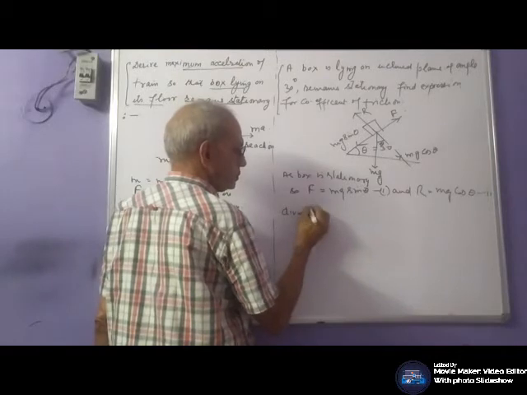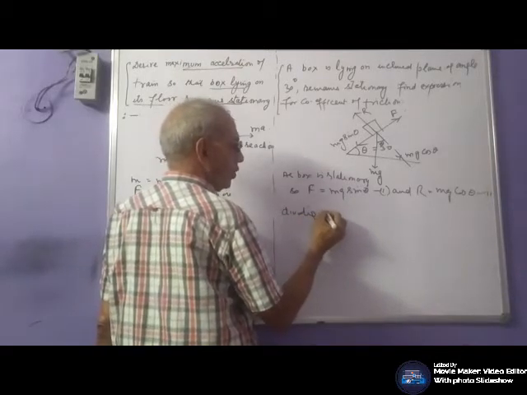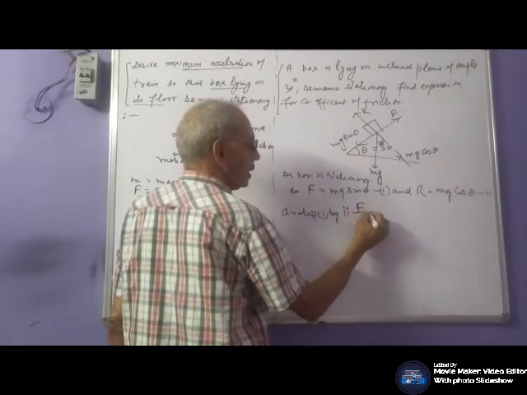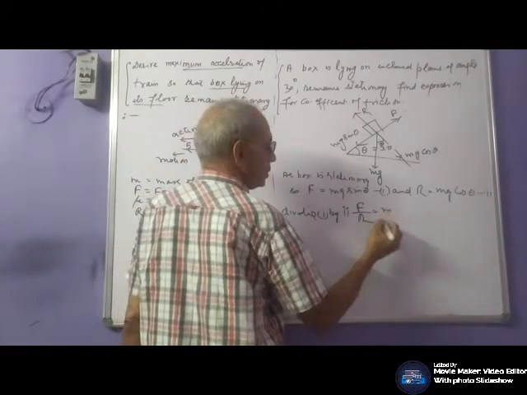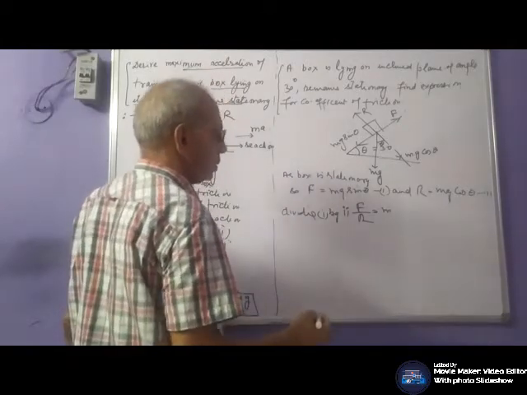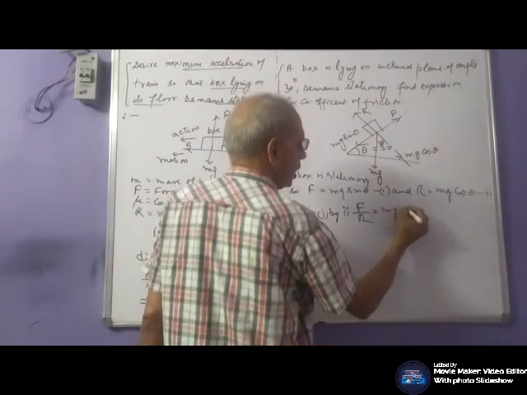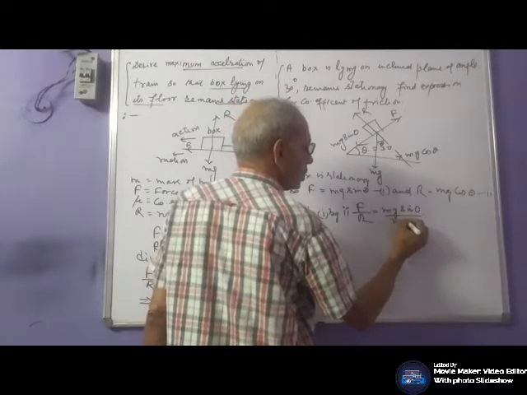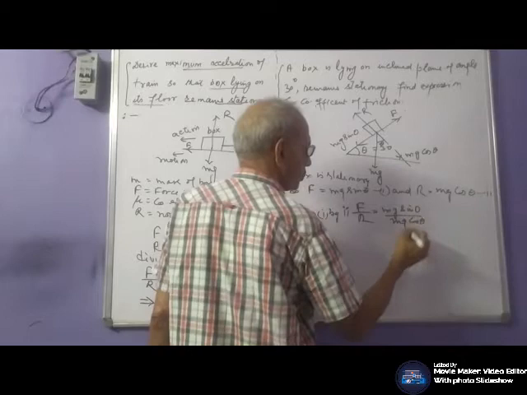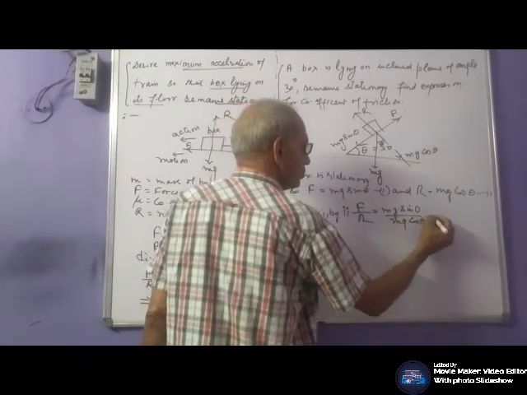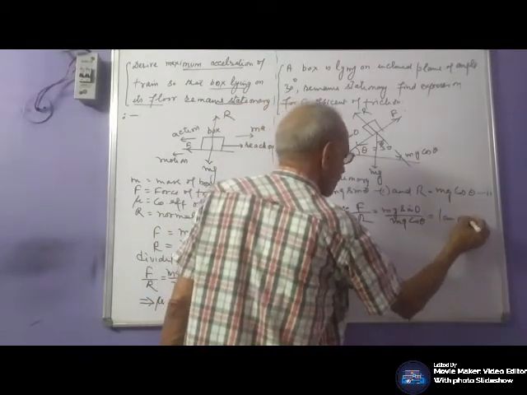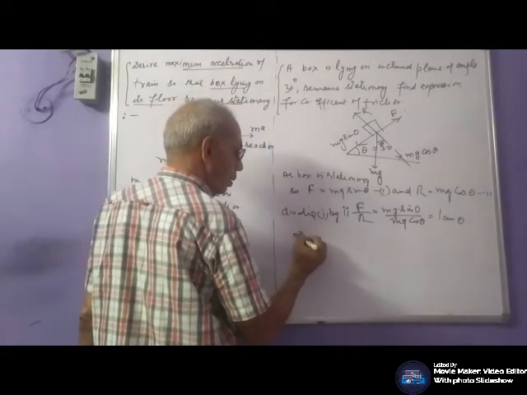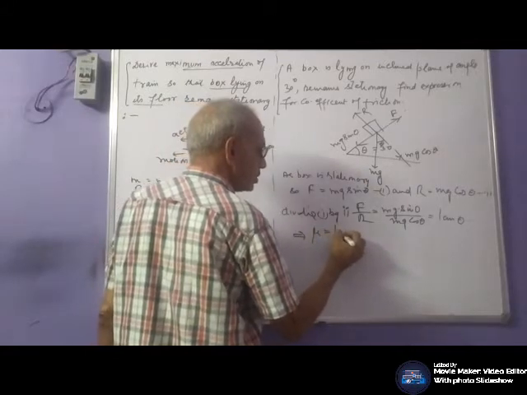Dividing first by second, F by R is mg sin theta by mg cos theta. mg goes with mg, it is tan theta. Or mu is tan theta.